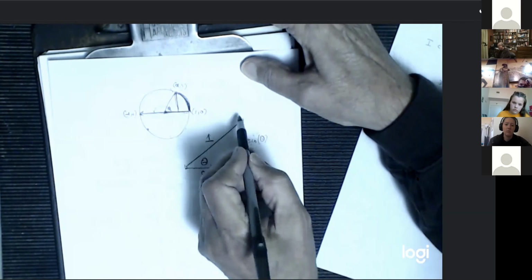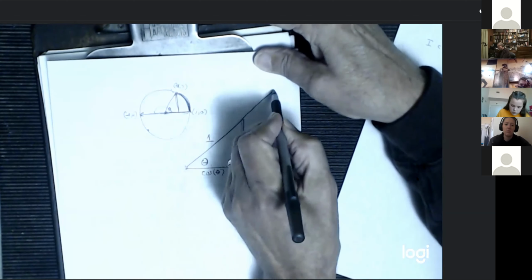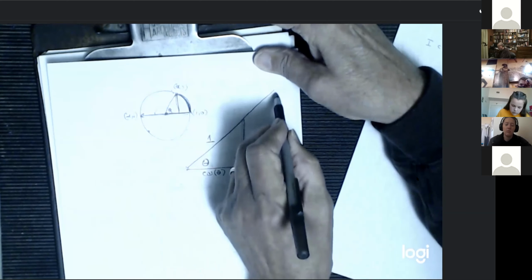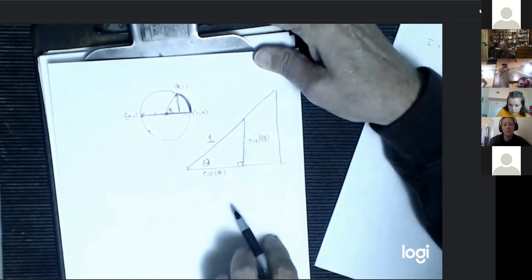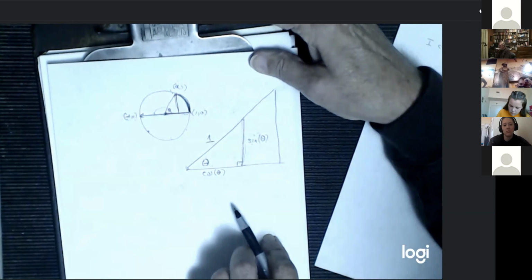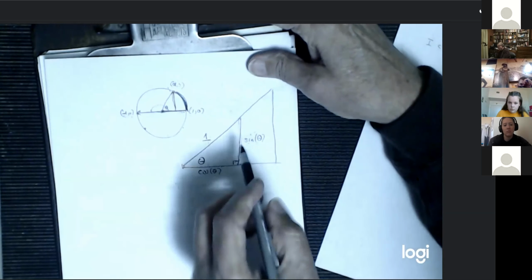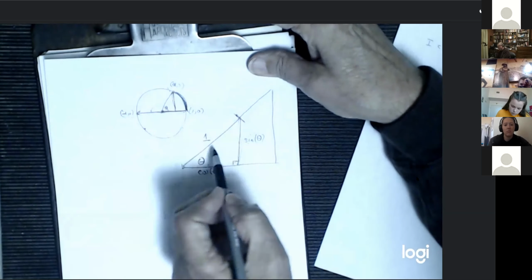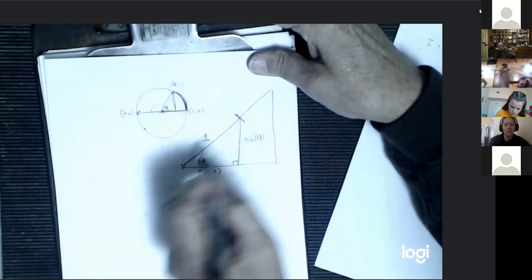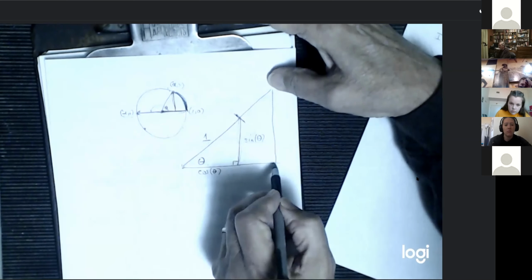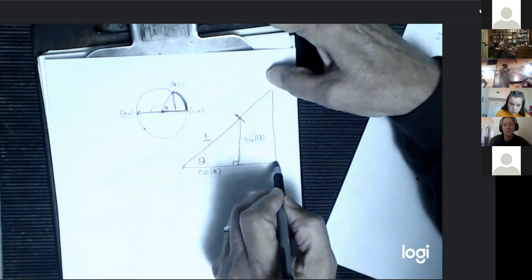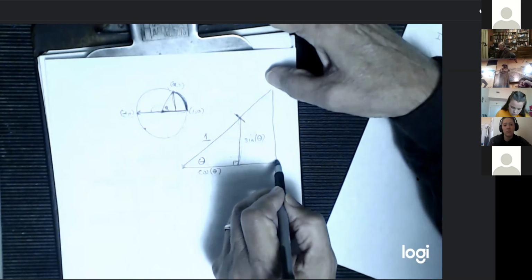What you learn about in trigonometry is similarity. You learn about other triangles. And now, if I don't have 1 here, if I have a bigger number, then the height no longer represents the sine, because remember, the sine can never be bigger than 1.